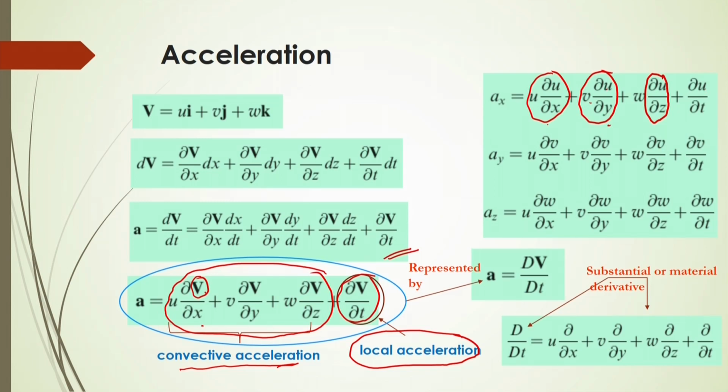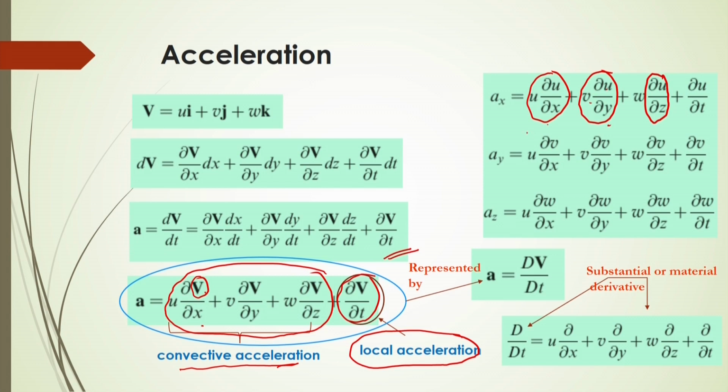You are observing a very interesting point here: the velocity in the x direction, the scalar quantity u, also varies with x, y and z directions and with time t.